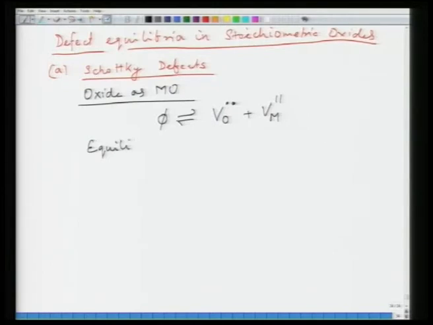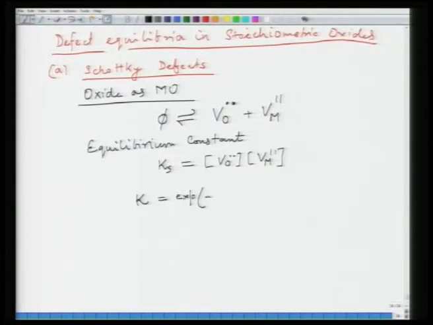So, the equilibrium constant, let us say Ks, is given as concentration of VO multiplied by concentration of VM. So, we are treating it as a normal chemical reaction, and we also know that Ks is equal to exponential of minus delta Gs divided by RT.